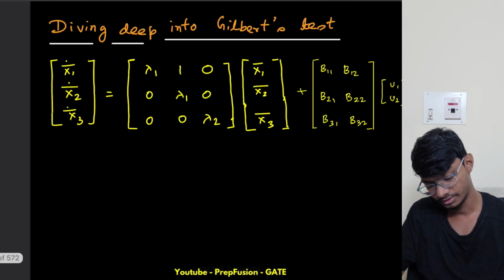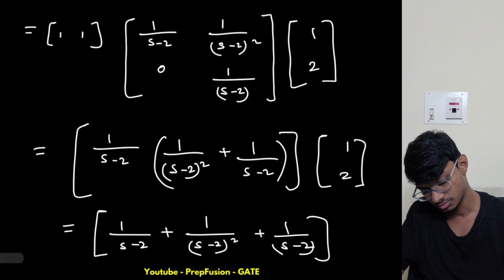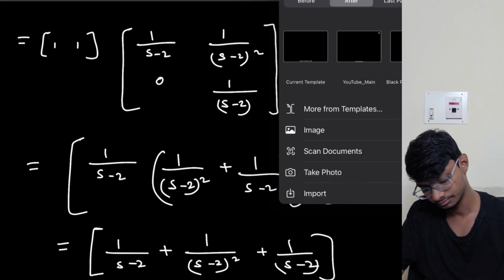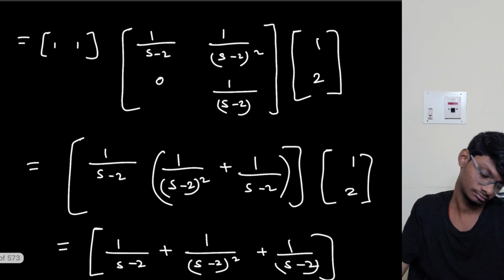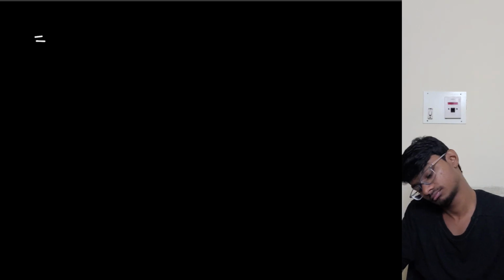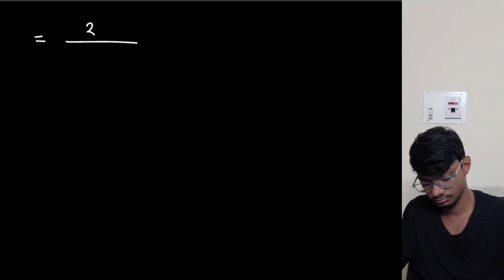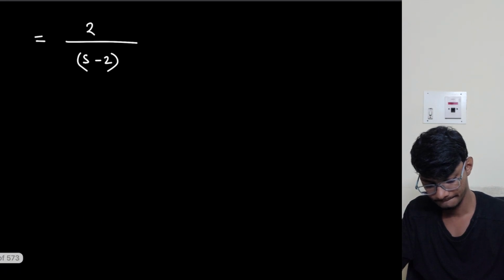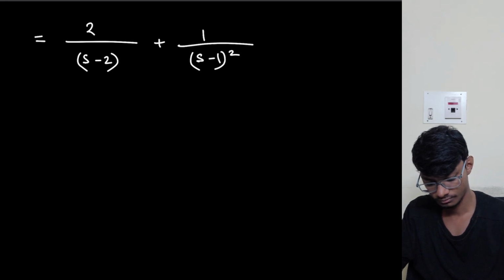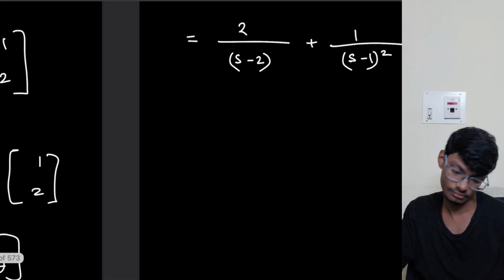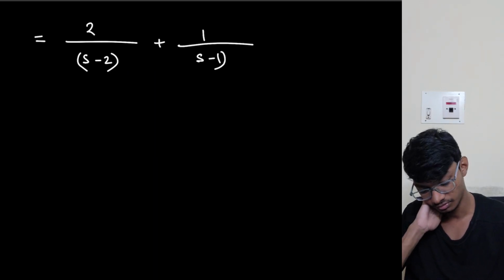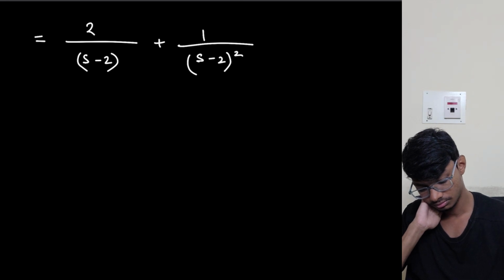So what will be my final transfer function? My final transfer function is 1 by s minus 2 whole square, right?